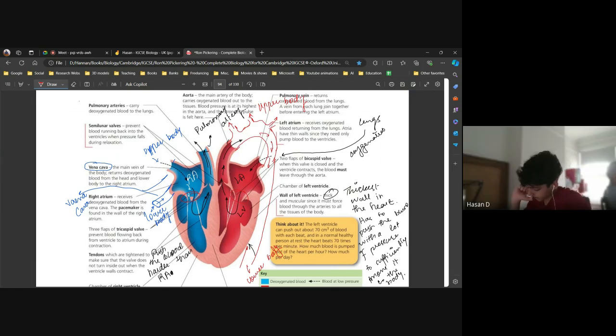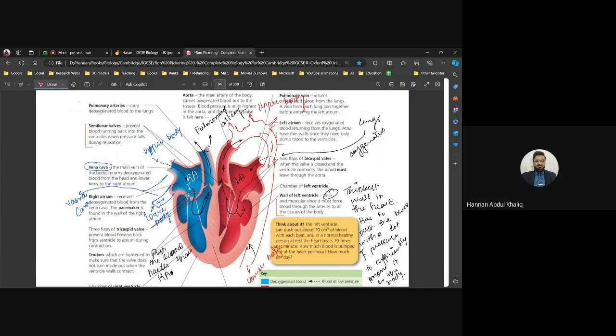When the ventricle would pump, which one would be pumping strongly, atria or ventricles?